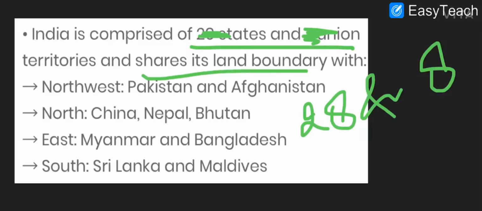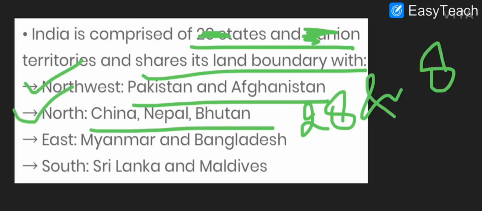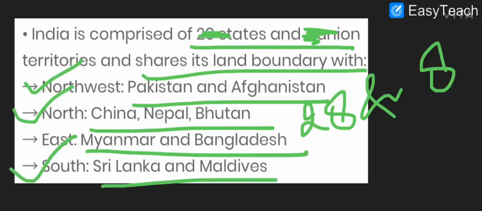India shares its land boundary with northwest Pakistan and Afghanistan, north China, Nepal, Bhutan, east Myanmar and Bangladesh, and south Sri Lanka and Maldives. Did I not tell you that you will have questions on neighboring countries? When we discussed the map, I did tell you that you can have easy questions on neighboring countries.